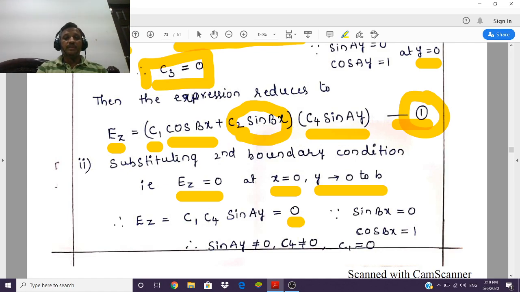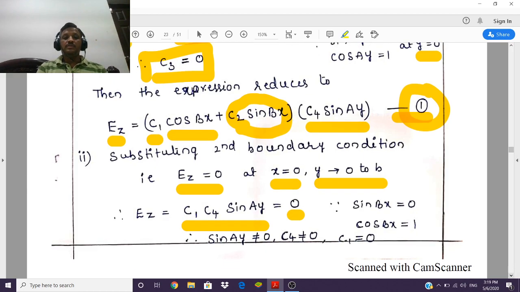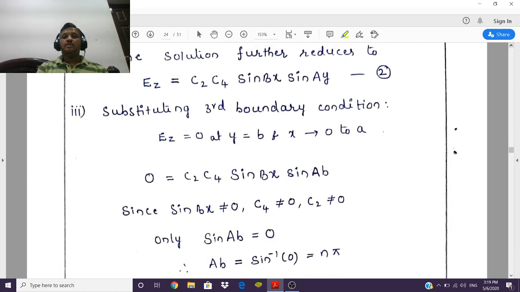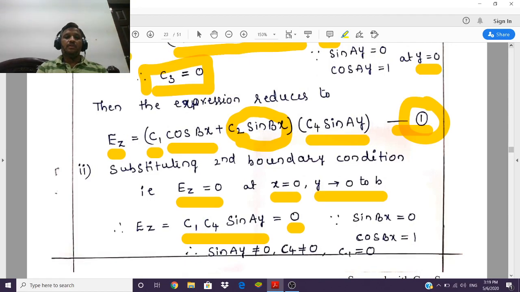Cos bx will also become 1 because x is equal to 0, cos 0 is 1, and what remains is c1 c4 sin ay, which is equal to 0. But this is again like ab equal to 0 or abc equal to 0. Same thing. In this, which one will be 0?